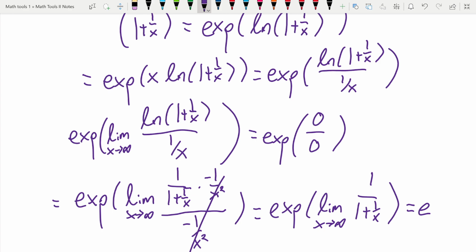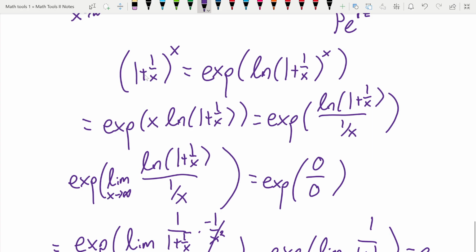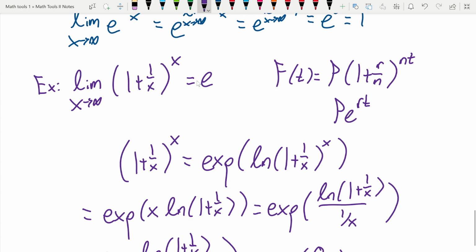So using L'Hopital's rule, we show that the limit as x goes to infinity of this quantity is indeed e. And that's where that comes from in the compound interest formula. So you could try it out. You could put r here, or you could just work on this formula, and you could try to modify this a little bit to show that this formula is true.